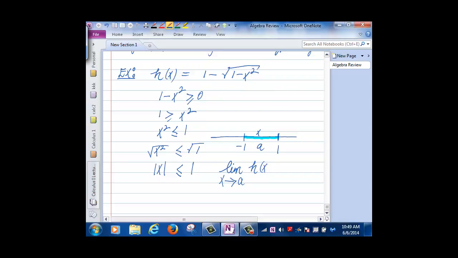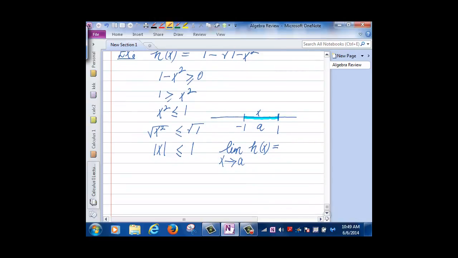We know that if I have a root function and whatever is inside the root has a positive limit, the limit of the root is the root of that limit, of 1 minus x squared. What I mean is, if I'm trying to take the limit of h of x at a, how would I find that? I'll just plug it in, right? So isn't that the same as h of a?